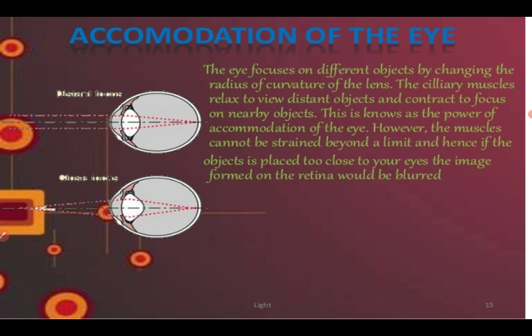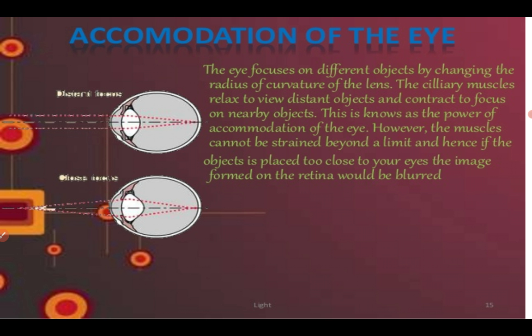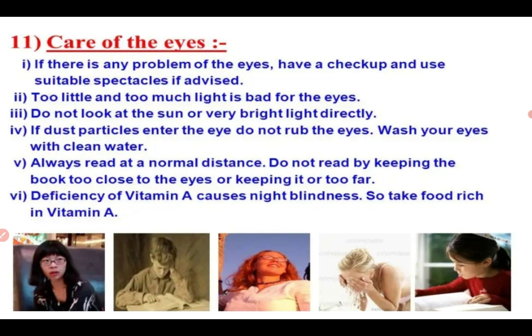In this way the lens becomes thin and the focus changes. When the ciliary muscles expand, the suspensory ligaments also rest and the lens becomes thick. In this way the focus also changes. By this property we can see objects that are situated very near and far from us. This ability of the eye is called accommodation of the eye.